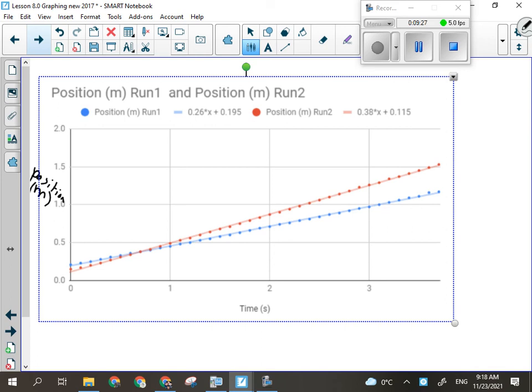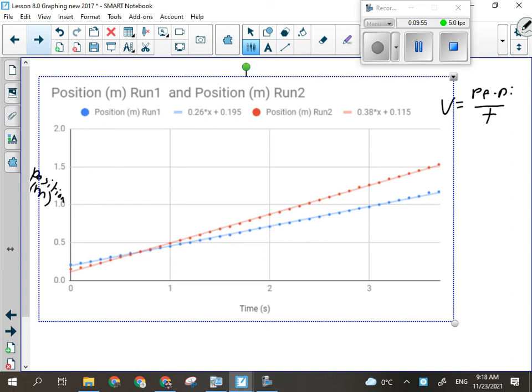I did exactly the same thing here. What's the velocity of the object? Well, this graph has position in meters and time in seconds, and velocity is change in position over time. Change in position is on the y, change in time is on the x. When I divide those, I'm calculating the slope.